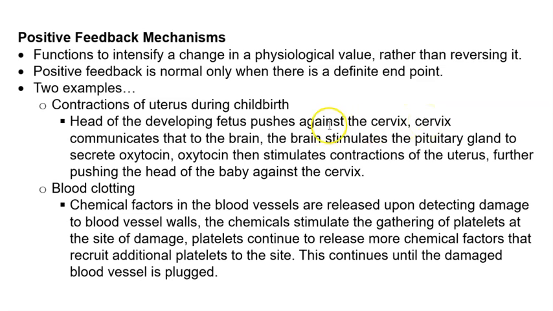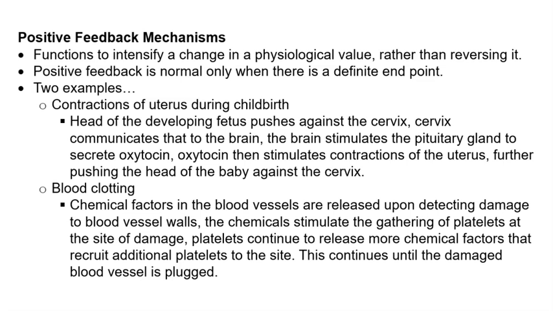The cervix is going to communicate that information to the brain. The brain is then going to stimulate a gland called the pituitary gland to secrete a hormone called oxytocin. Oxytocin will then stimulate contractions of the uterus, which further pushes the head of the fetus, the baby, against the cervix and promotes uterine contractions that are seen during childbirth.